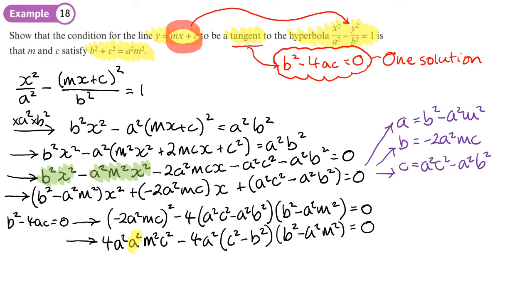So I can divide everything by a squared, so there and there, and I can divide everything by 4 as well, there and there.